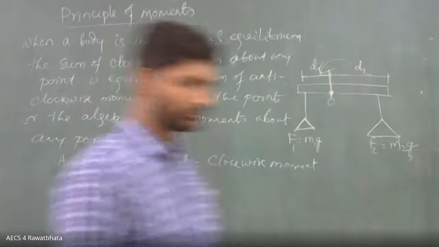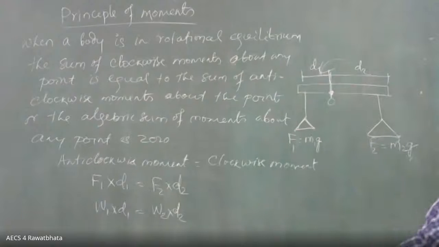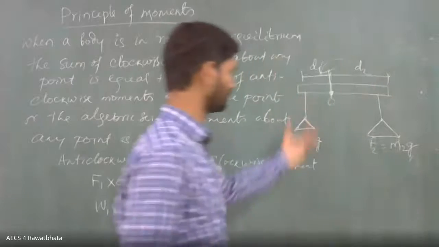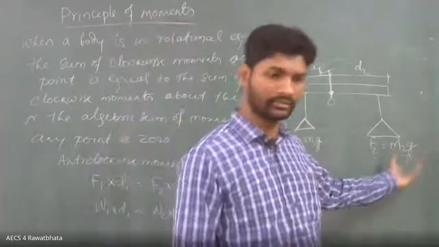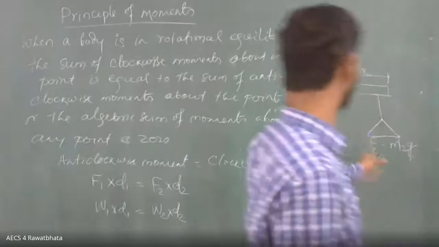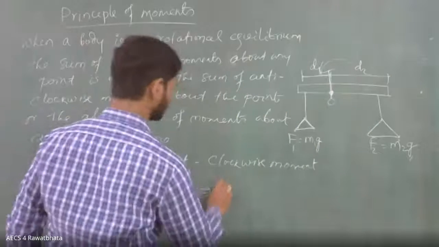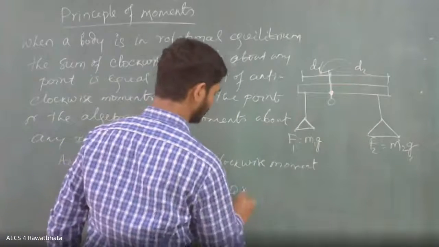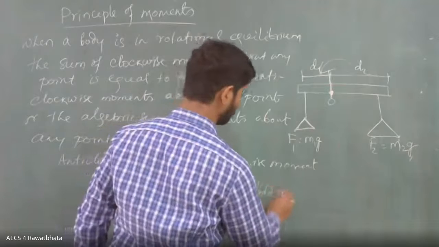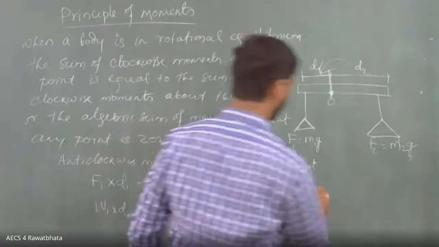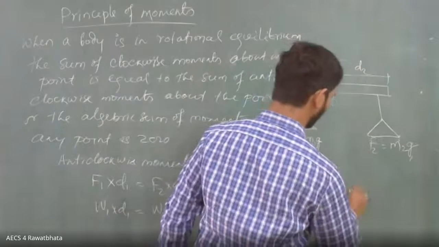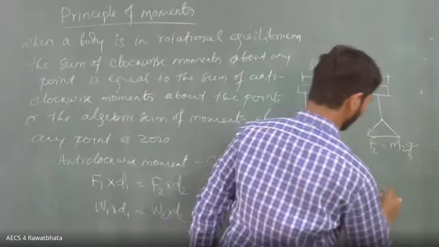Okay. So in words also I can write that is load into load arm. Suppose this we are taking as load and this we are taking as, let us say, effort. Then load multiplied by load arm is equal to effort multiplied by effort arm.